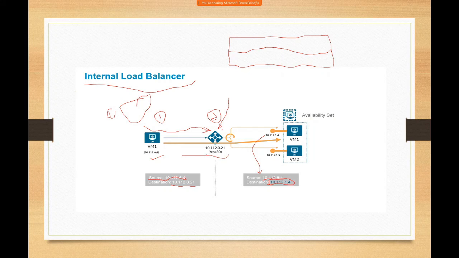Let's assume I have configured IP based. So VM1 session will go to 1.4, but the VM2 session will go to 1.5, because I have selected the load balancing algorithm as IP based.